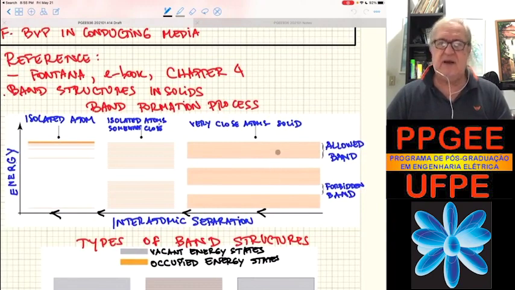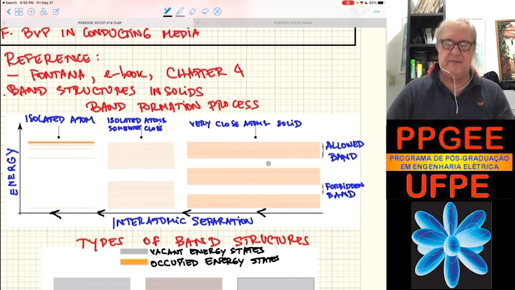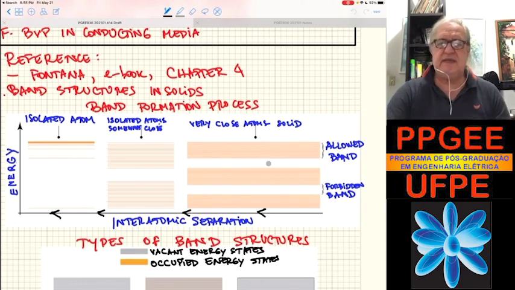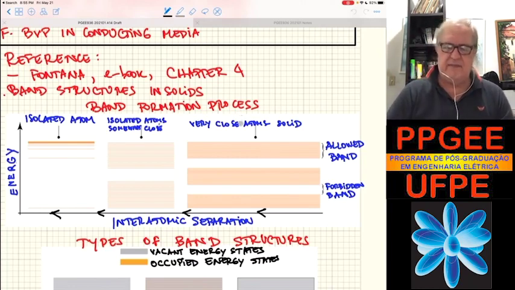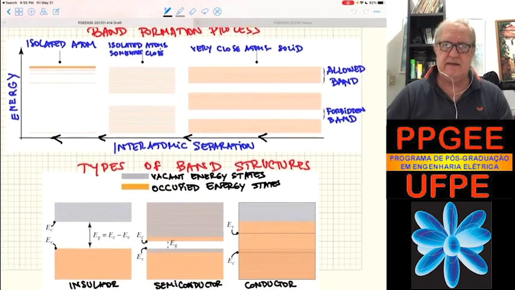Those energy bands where you can have energy states occupied by the carriers, by the electrons in the solid, are separated by those empty regions. So no state can be occupied in this region here. You have those forbidden bands and allowed bands. Different types of materials you can classify by looking at some basic bands.